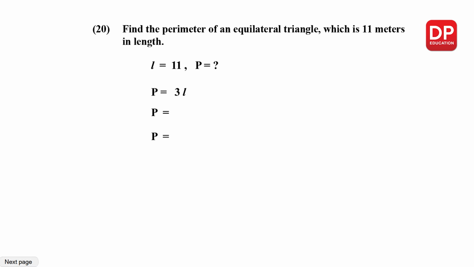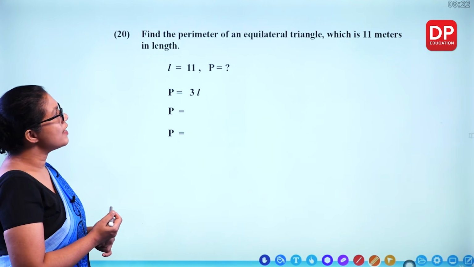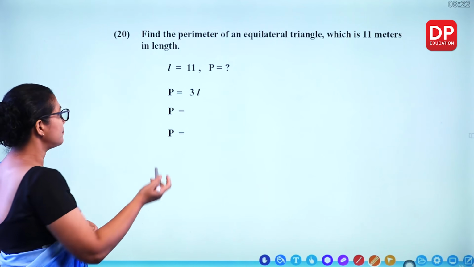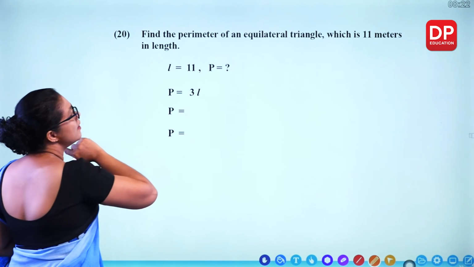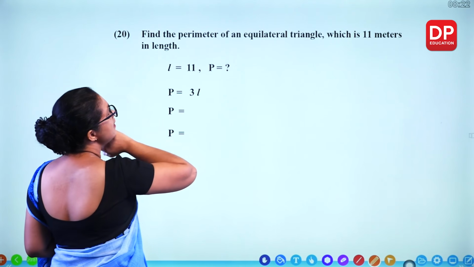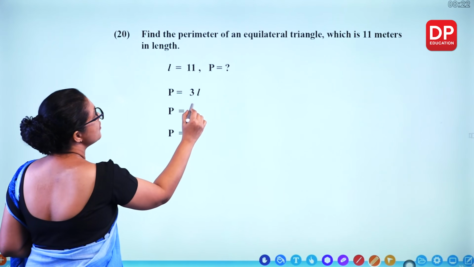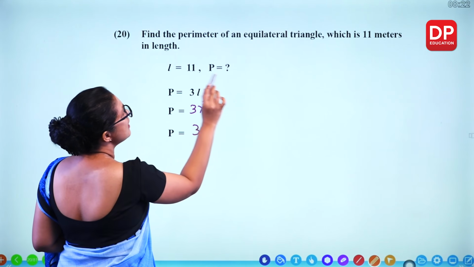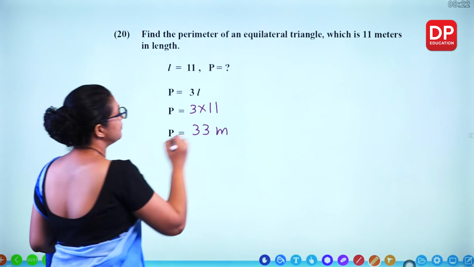This question: find the perimeter of an equilateral triangle which is 11 meters in length. 3L is the formula, L is given 11. So 3 times 11, that's 33 meters.